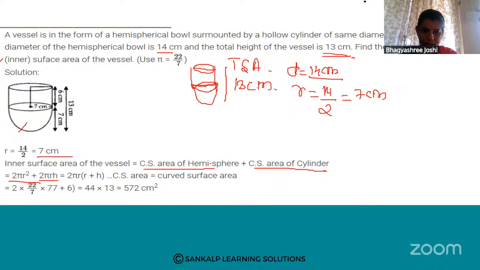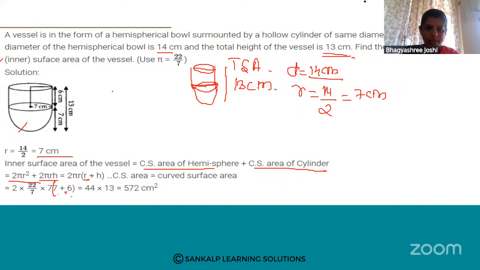Now here 2 pi is common, and r plus h will remain in the bracket. If you take 2 pi common, then 2 into pi value is 22 divided by 7, r value is 7, and r value is 7 plus h value is 6.